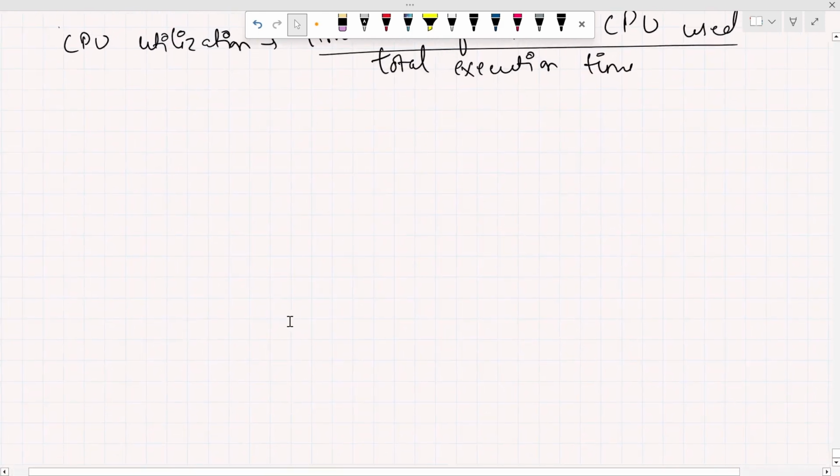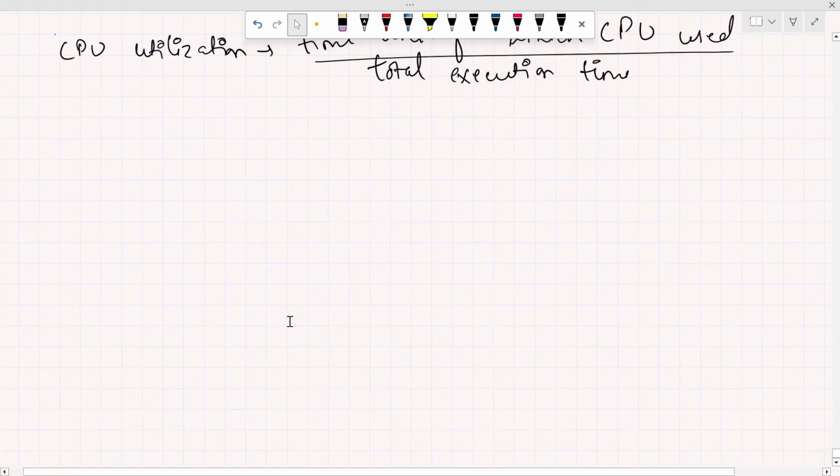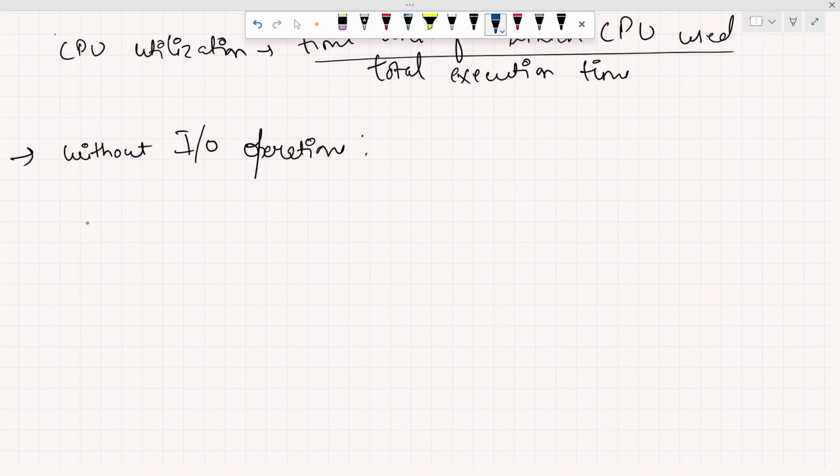So to find out the CPU utilization without IO operation, you have to assume something. You have to assume that a process can go for an IO operation, because we have to assume how much time this process goes for an IO operation.